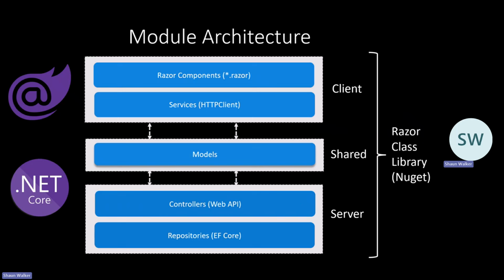All 3 of these projects are then compiled into their own assemblies, and they're packaged into a NuGet package, which allows them to be installed into your Oqtane framework instance, or even someone else's Oqtane framework instance, because the idea behind modules is they can be shared and they're very portable.